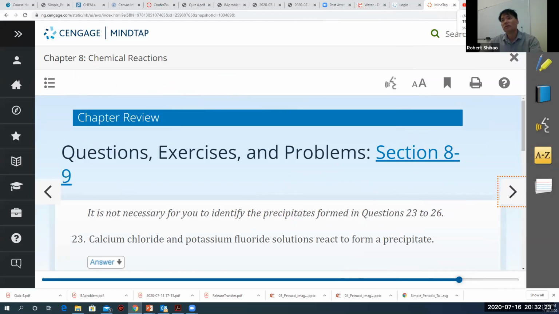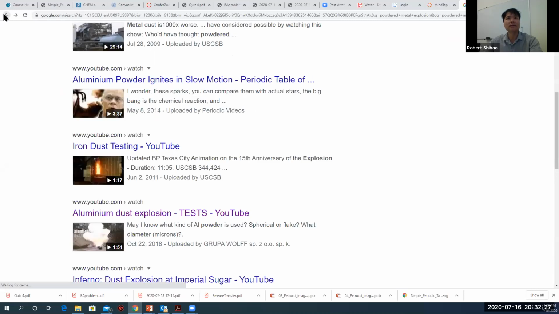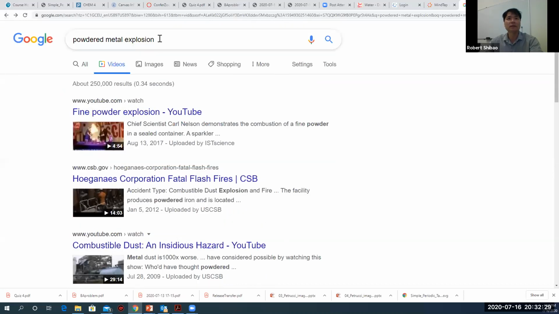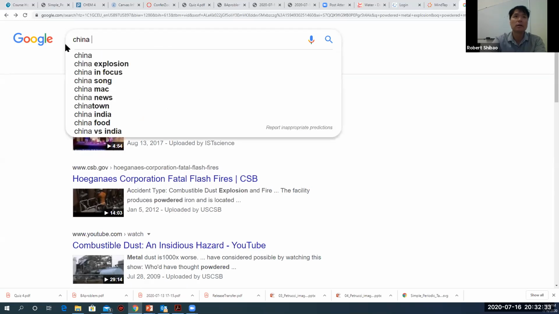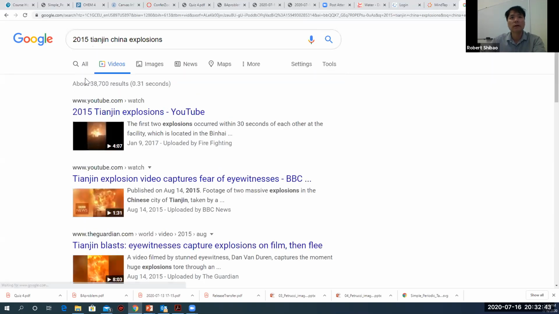Let me go to, this was our aluminum dust explosion. Go to the explosions. Oh, this one's a good one. This is the phone video of this one.